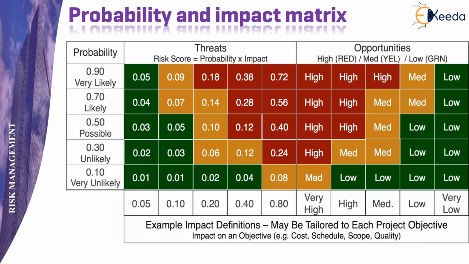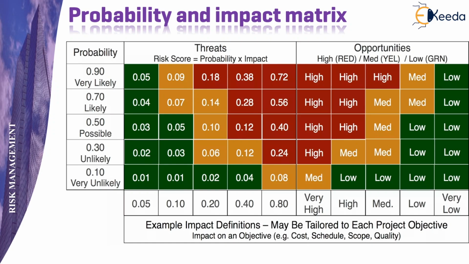The orange portion will show medium risk, while the red portion will show high to very high risk. It is clearly shown that the probability is marked on the Y scale, while the impact is mapped on the X scale. These numbers or scales can be tailor-made for every project depending upon the requirements.